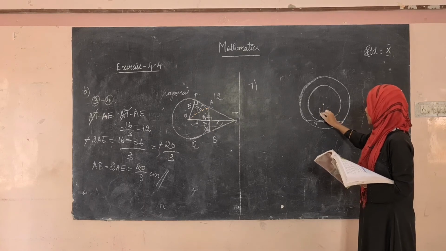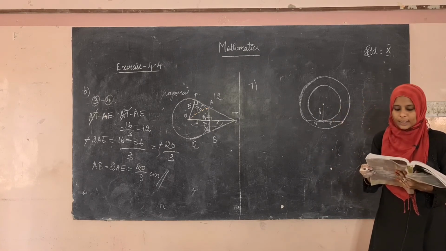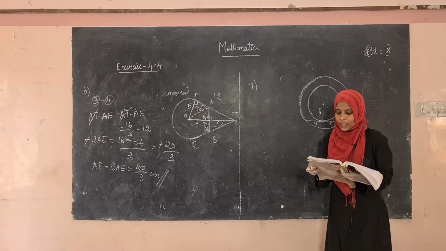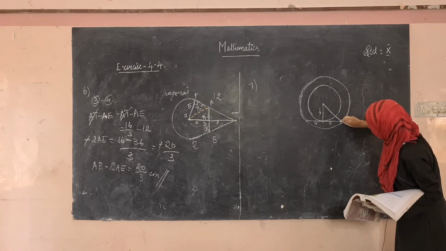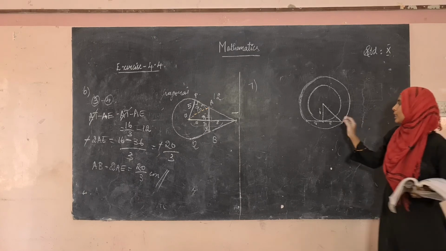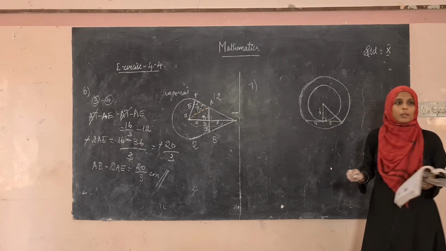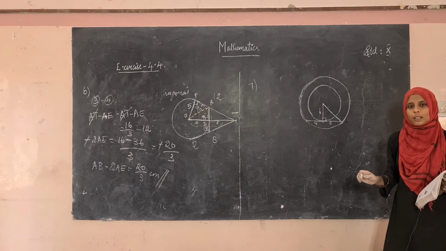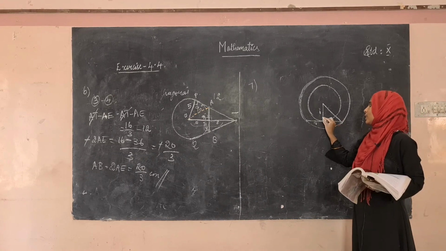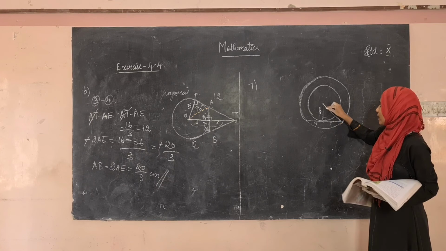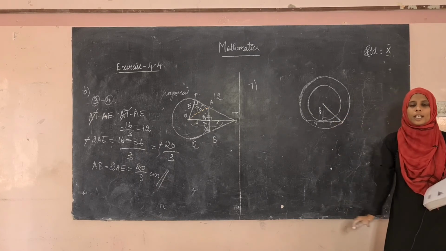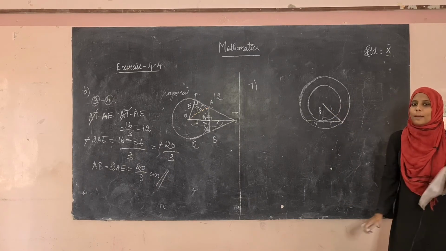So this is 6 centimeter. Then find the radius of the larger circle. Very easy, right? See here, this is going to be 90 degree because the tangent and the radius make a right angle. So this is 90 degree, this is 6 and this is 8. We have to find this value. We can use the Pythagoras theorem and you can find this hypotenuse.